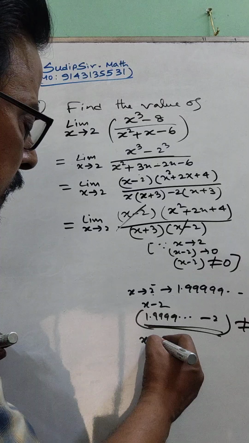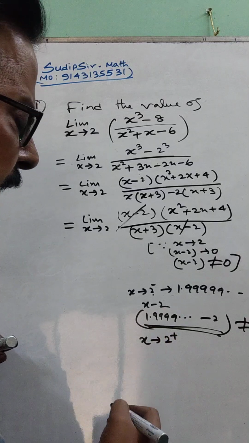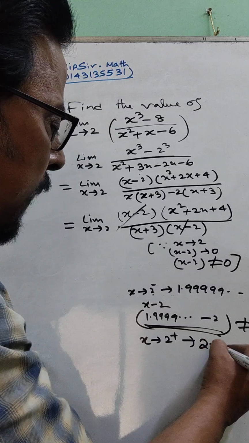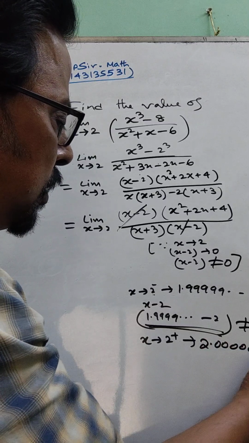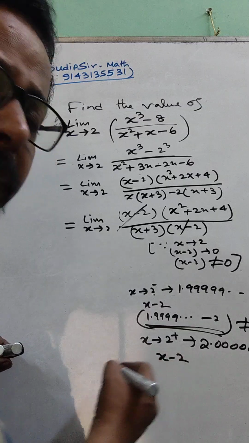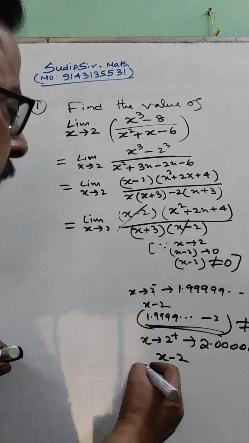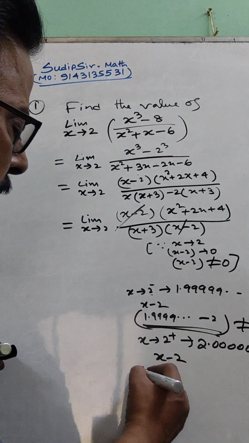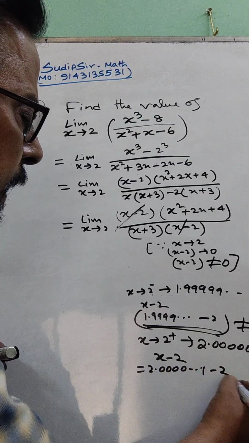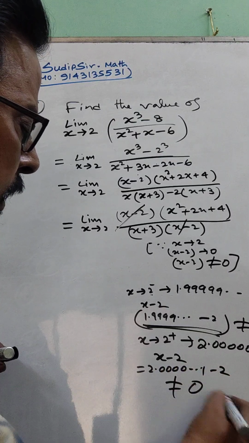If you take the right hand approach, then it can assume 2.000001. Now in that case also x minus 2, that is 2.0001 minus 2, is not equal to 0.